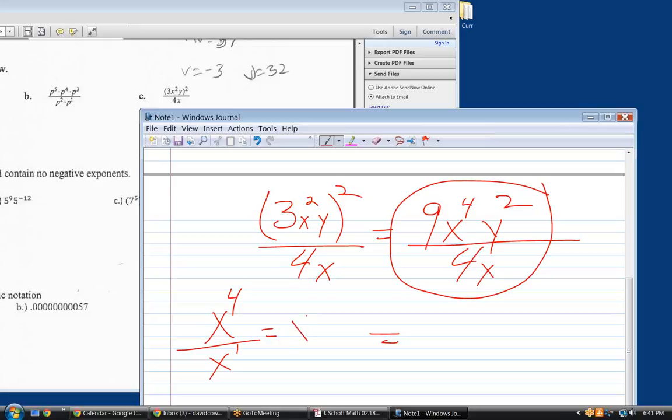So x to the 3rd. Right. Okay, so that we have up here x to the 4th divided by x. So this becomes 9x cubed y squared over 4. Okay. In other words, I took this part of it and changed it to x cubed. Okay. Okay?